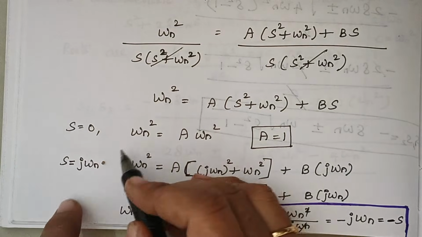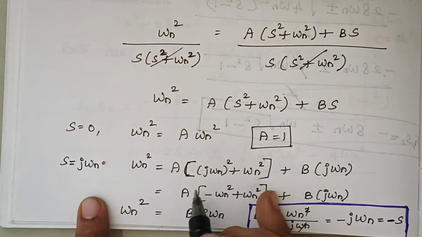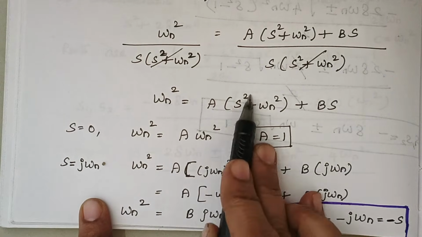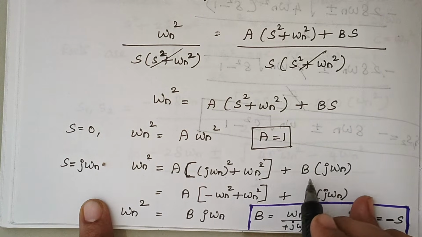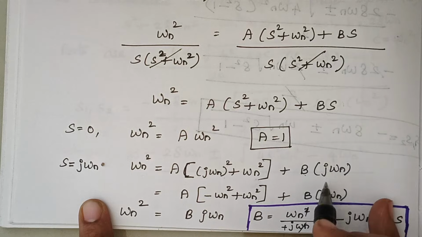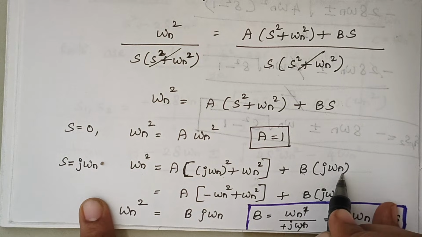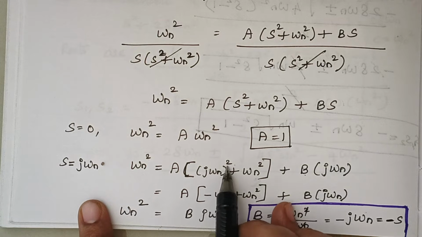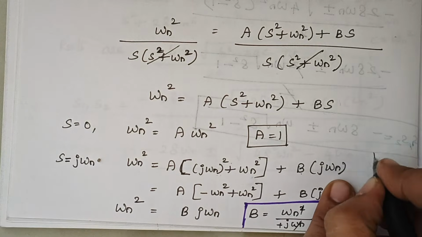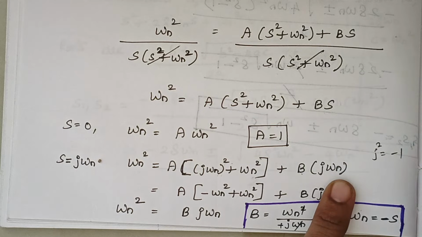So here when you substitute j omega n, you see A into, in the place of S square, j omega n whole square plus omega n square plus B, and again in the place of S just substitute j omega n. So j omega n whole square. What is the value of j square? The value of j square is equal to minus 1.